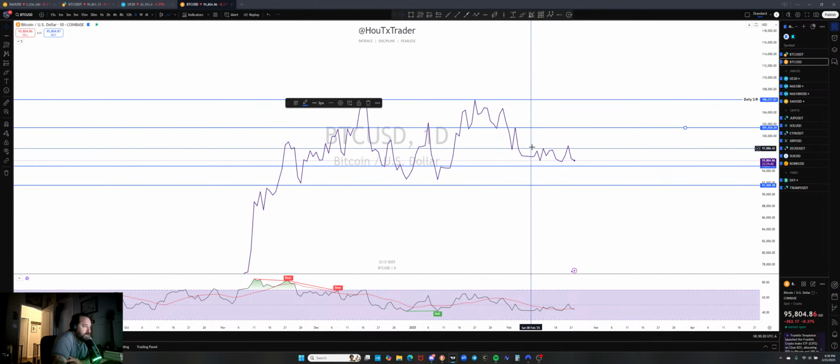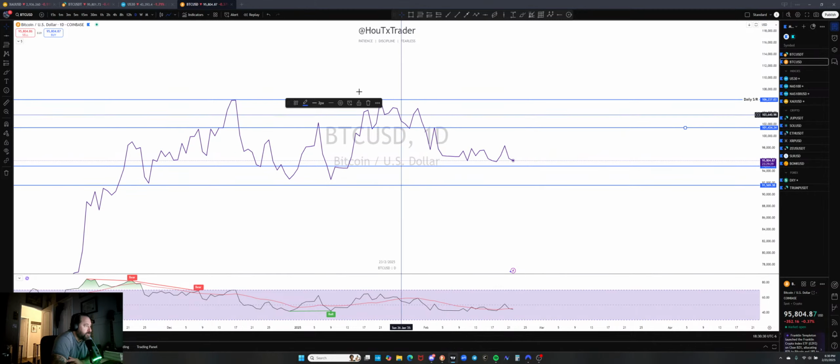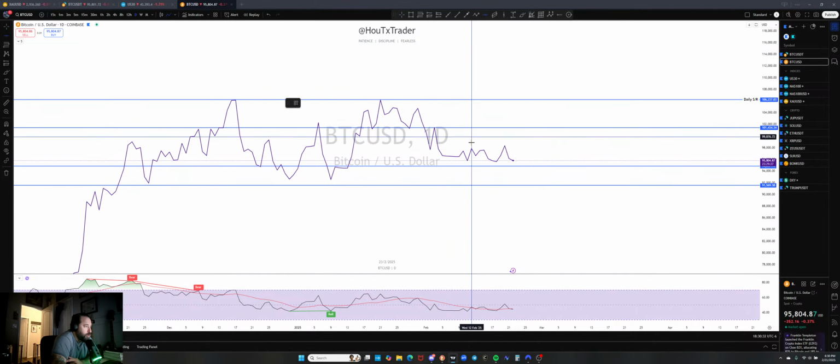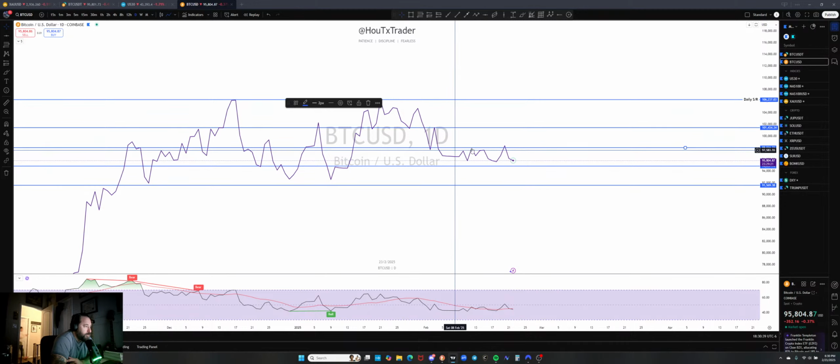Now, do we have anything in this area? You know what, I don't need to go crazy with these zones, but we do see a top and a bottom right there. So let's just do one more. I kind of like it right there, because we have a bottom, we have a top, and this line is almost perfect with that top and almost perfect with that bottom, and it also incorporates this little area, that area.